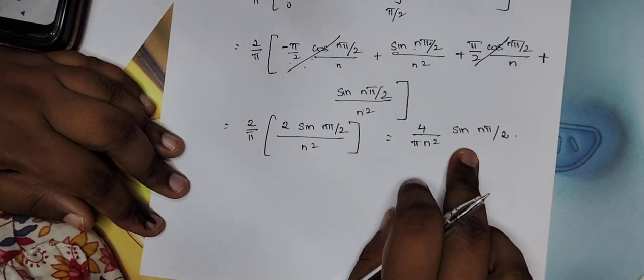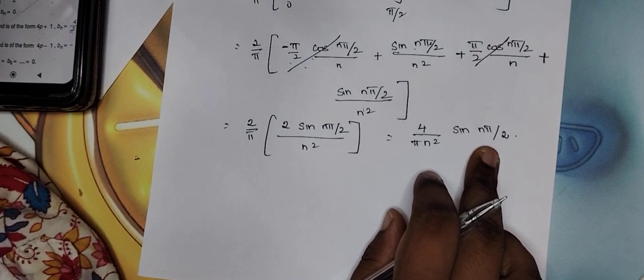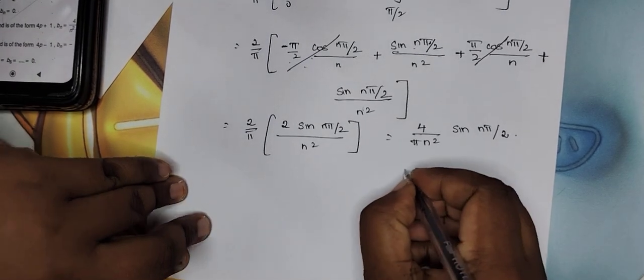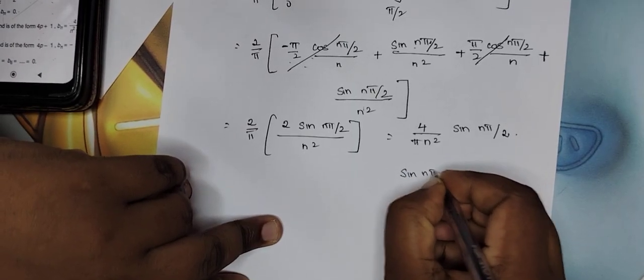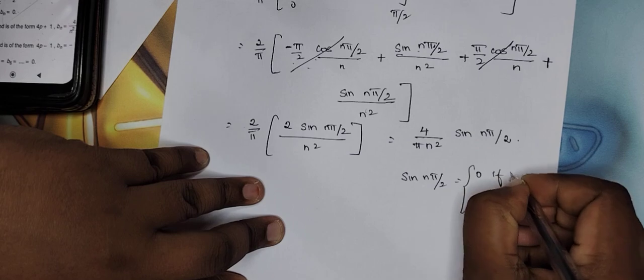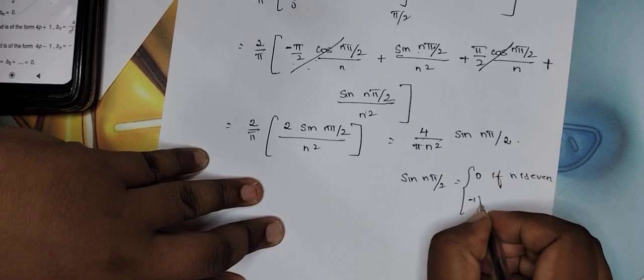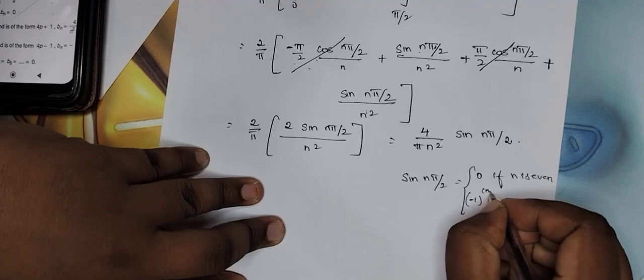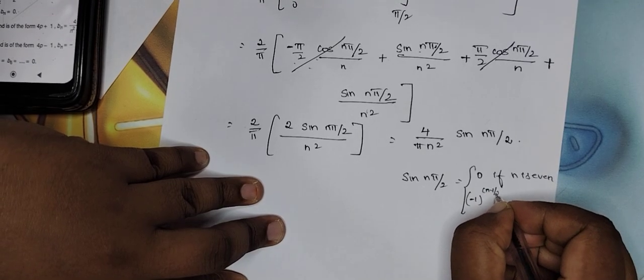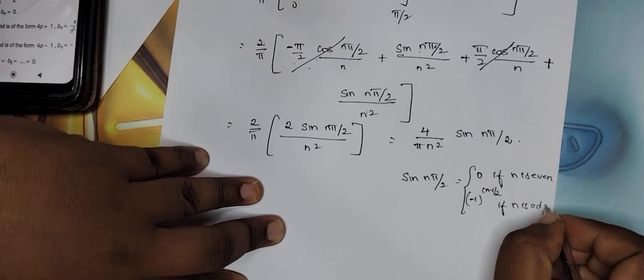Now if I see the value of sin(nπ/2), sin(nπ/2) is nothing but 0 if n is even, and its value is (-1)^((n-1)/2) if n is odd.